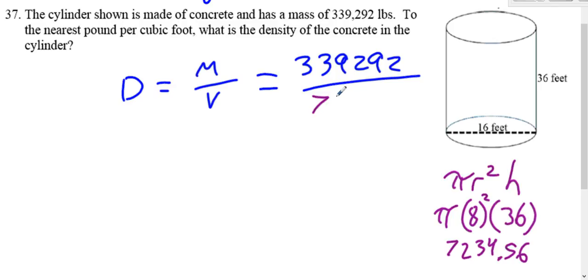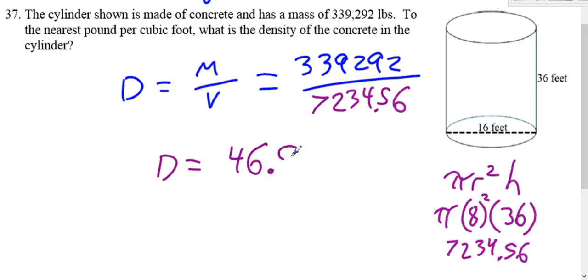So that's what we divide by. 339,292 divided by 7234.56. You get the density, 46.9 pounds per cubic foot.